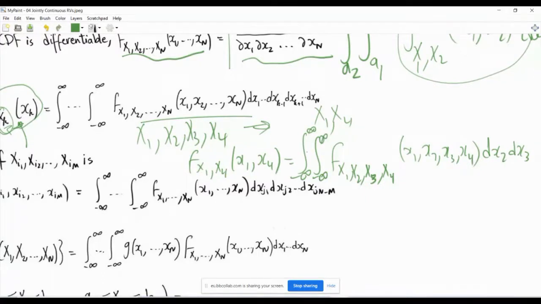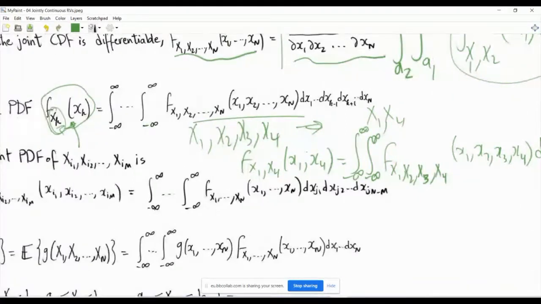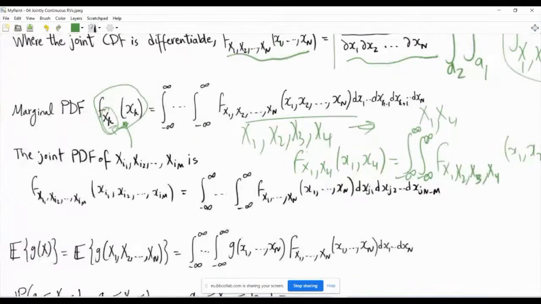So if you want basically just the PDF of x1, then you integrate with respect to x2, x3, and x4. Same idea, but for the PMF we do summation, and for the PDF we do integration, so that we can extract the marginal PDF, the PDF of one or a subset of the variables, from the joint PDF of all of them.